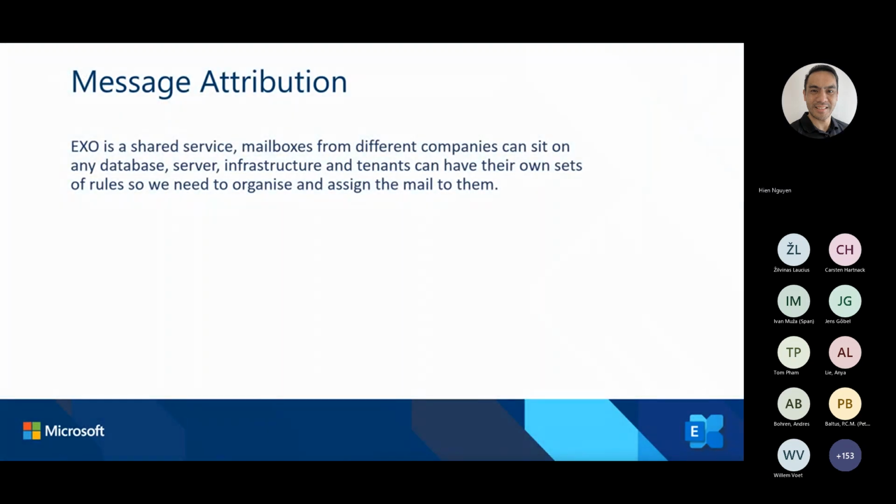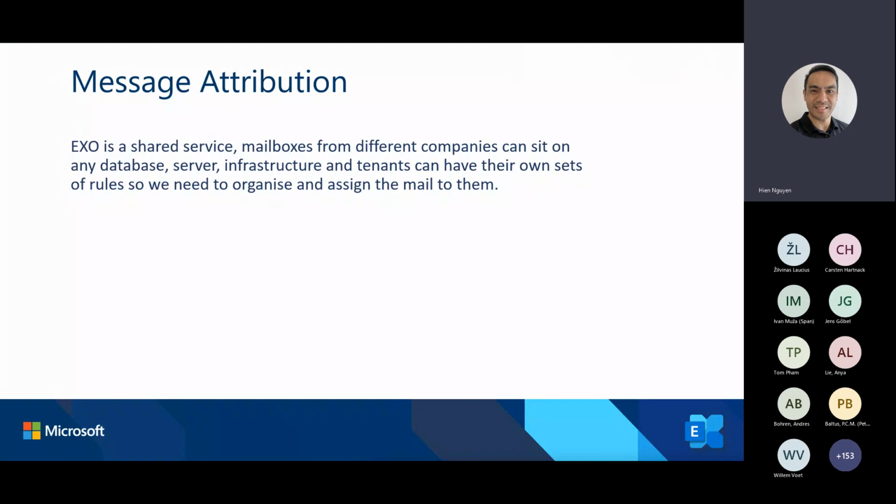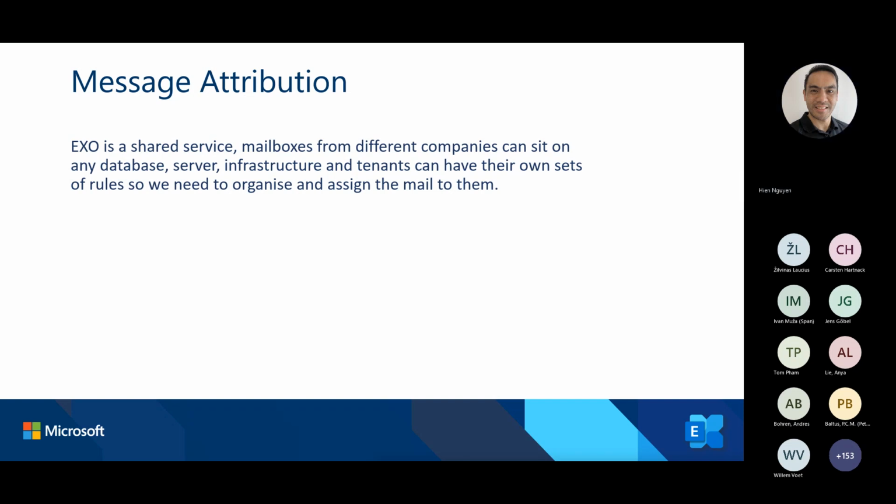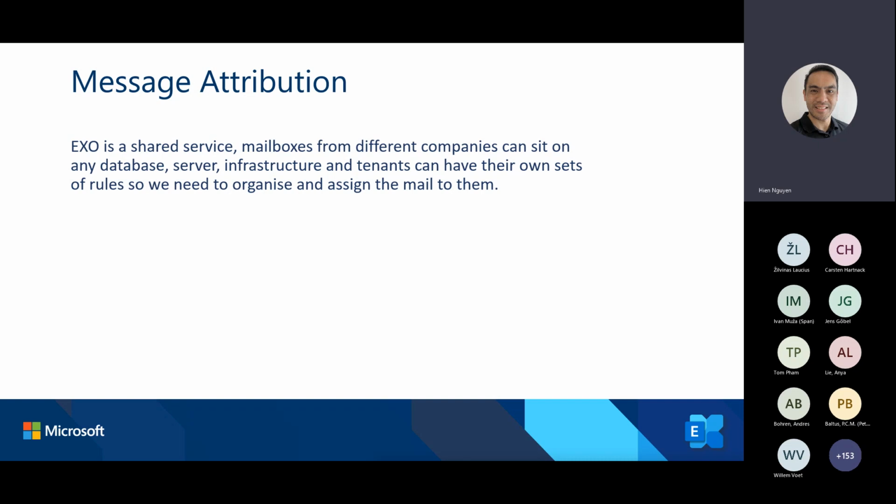So message attribution, this is a concept that a lot of people don't generally think about, but in a big, large environment like EXO, mailboxes can be sitting anywhere, regardless of which tenant you're in. You don't all sit on a single DAG, you can sit in multiple DAGs, your users can be across hundreds of DAGs. So it can sit on any database server infrastructure.